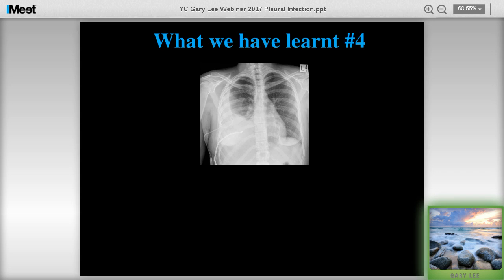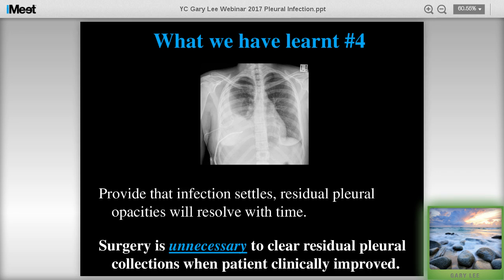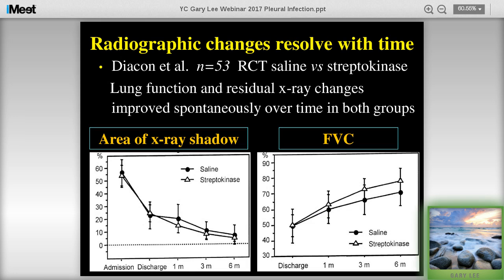Another important point that I always want to highlight is that we are not here to treat the chest X-ray. Provided that the infection settles, residual pleural opacity will resolve with time. Surgery is unnecessary to clear the pleural infection or collections when the patient has clinically improved.